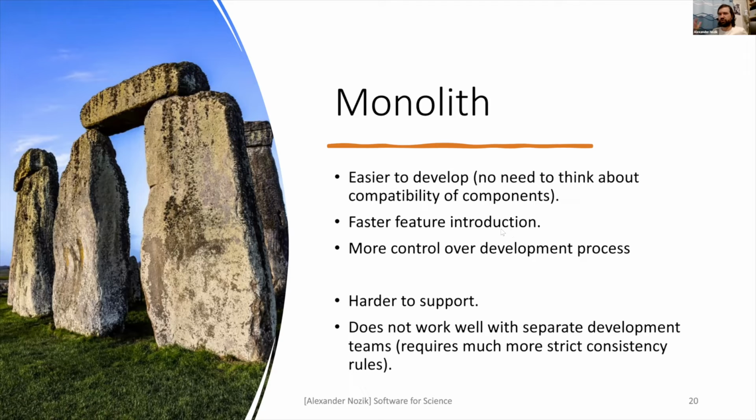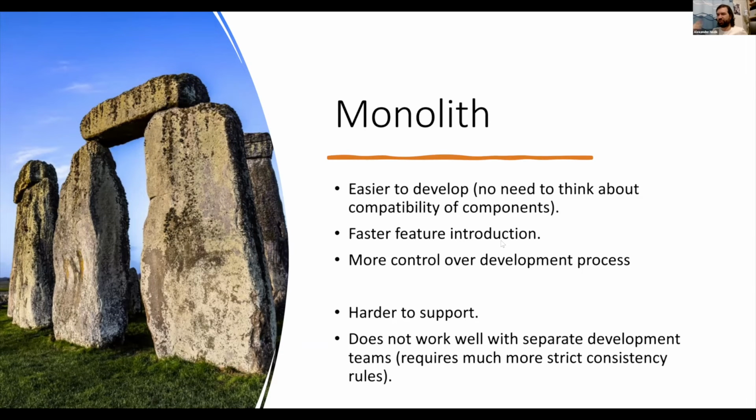Here I mean not commercial features, but the features of your analysis system or data system or control system. You have more control over the development process because you can see the whole project at once, and if you see a problem, for example a performance bottleneck somewhere inside, you can localize it and immediately change everything to make it better.